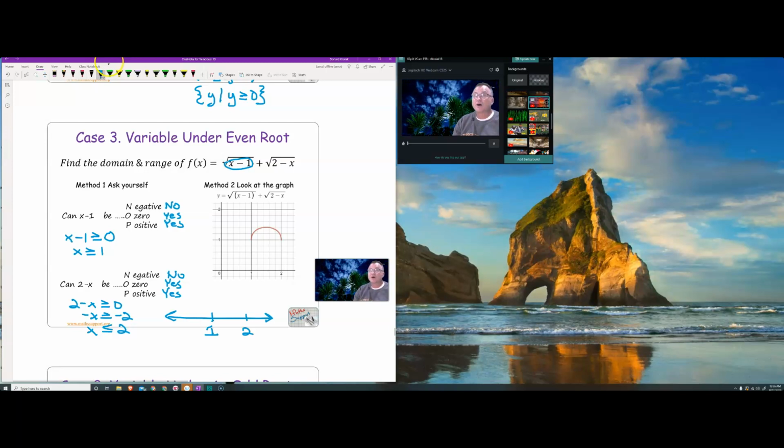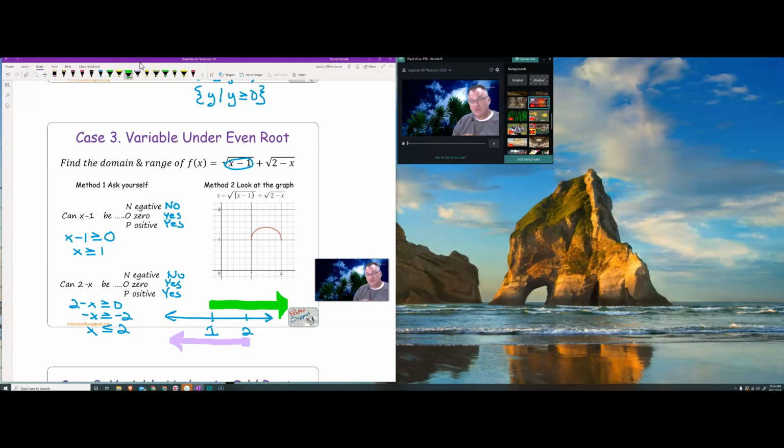All of the numbers greater than or equal to 1 would be everything to the right of 1. Now all of the numbers less than or equal to 2 would include that and would be all the numbers to the left of 2.